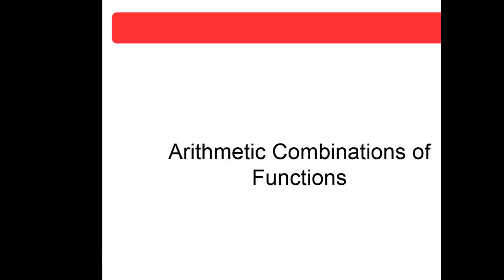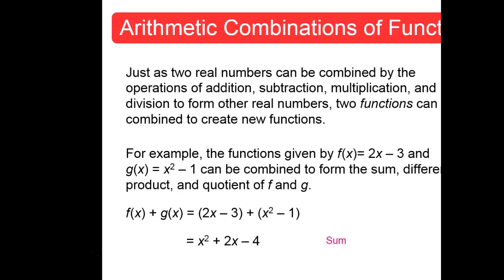Arithmetic combinations of functions. These are your additions, subtractions, multiplications, and divisions. All right. Just as two real numbers can be combined by operations like adding, subtracting, multiplication, and division to form other real numbers, two functions can be combined to create new functions. Right? Makes sense. For example, if you've got one function, f of x is equal to 2x minus 3.